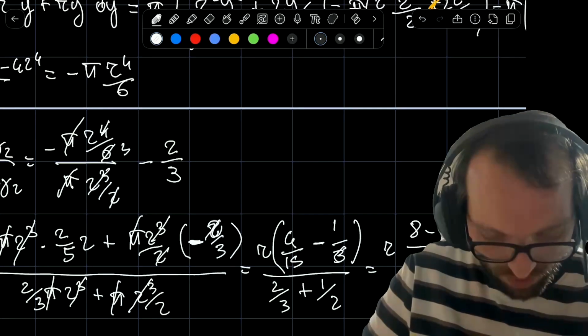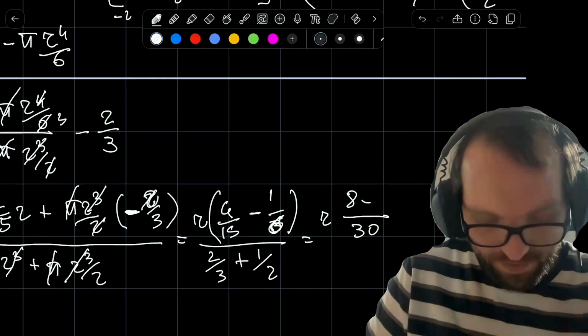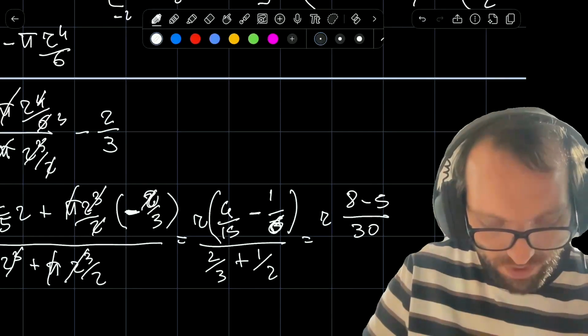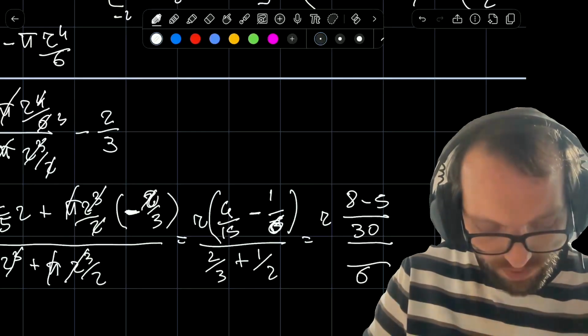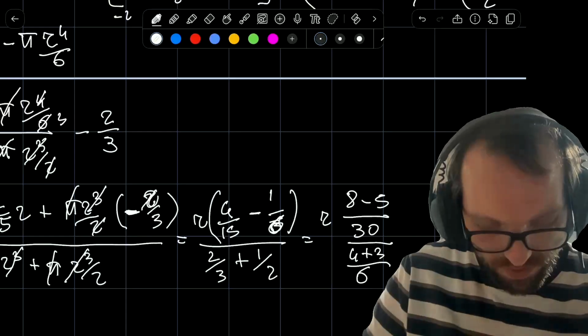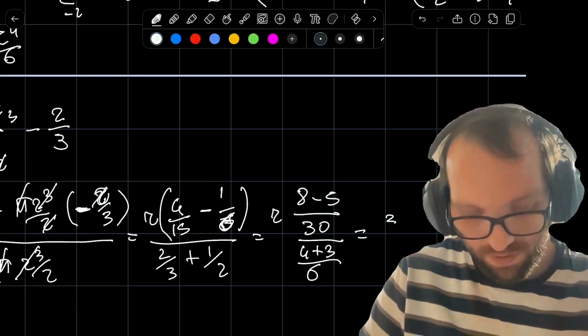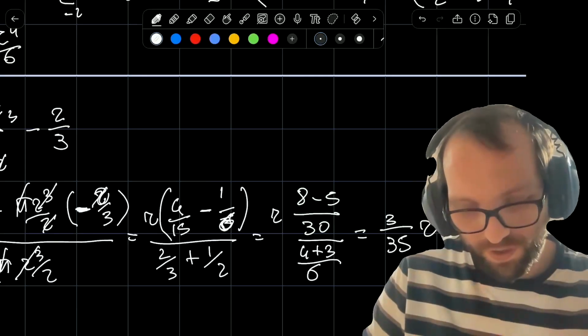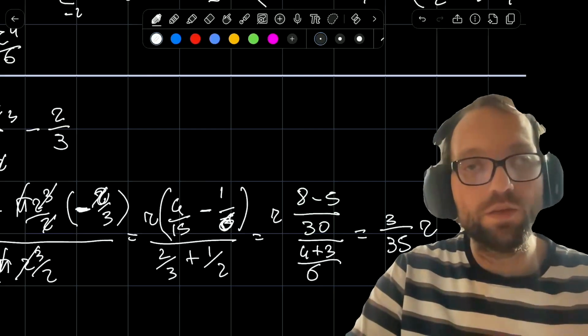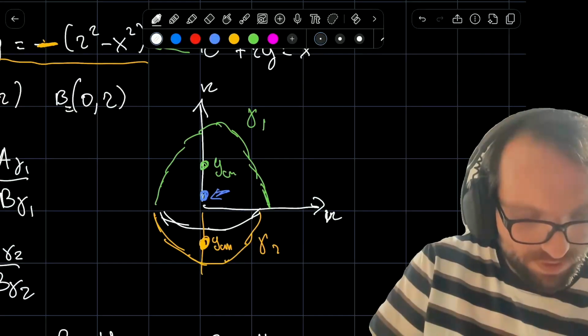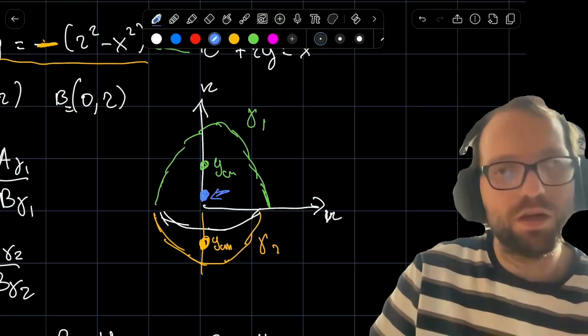So here it's 1 over 6. Now 1 over 3. Okay. And this is going to be 3 divided by 35 r. Okay, so the center of mass of the composite object is above that 0. So it's somewhere around here.